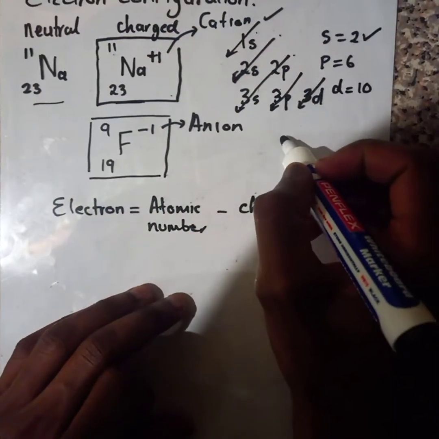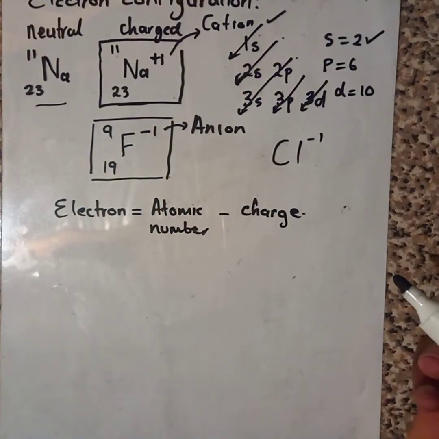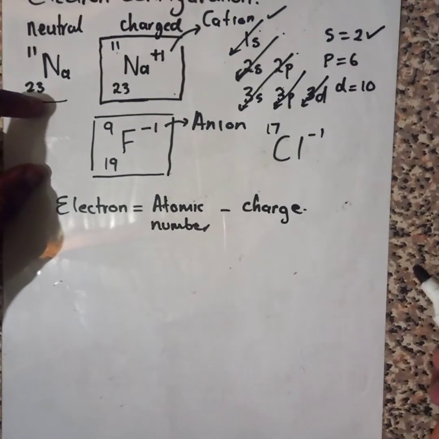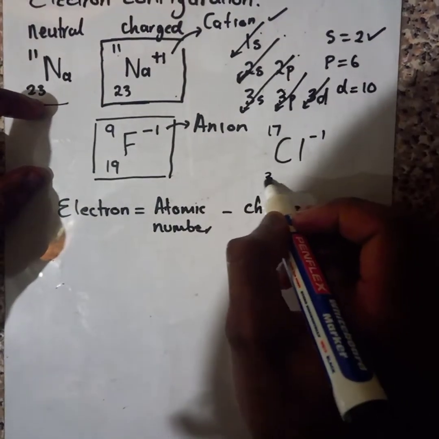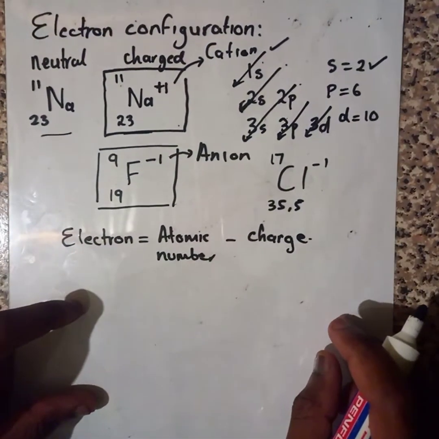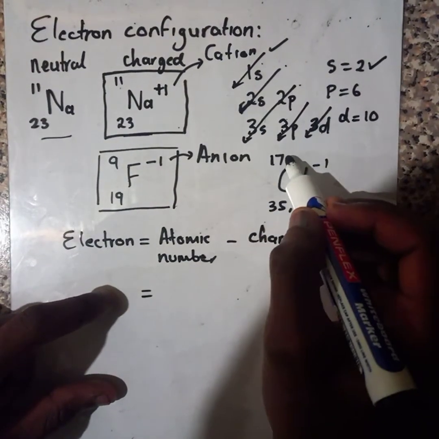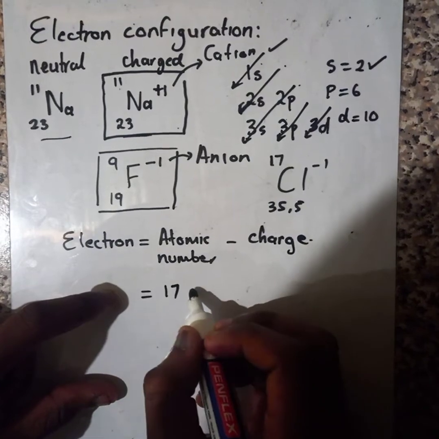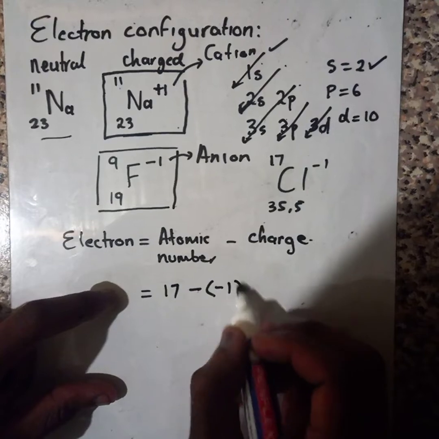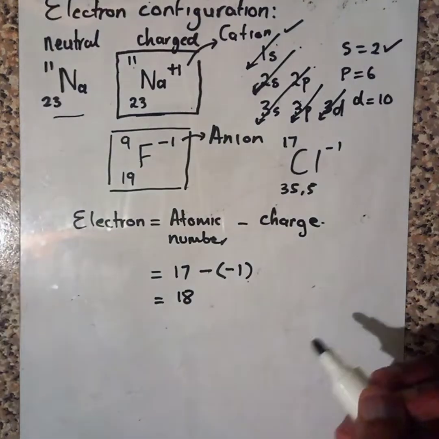We know that chlorine with -1 has an atomic number of 17 and atomic mass of 35.5. Firstly we consider our atomic number, which is 17. We write 17 minus our charge. Don't forget to include -1. Then at the end of the day we are going to get 18 electrons.